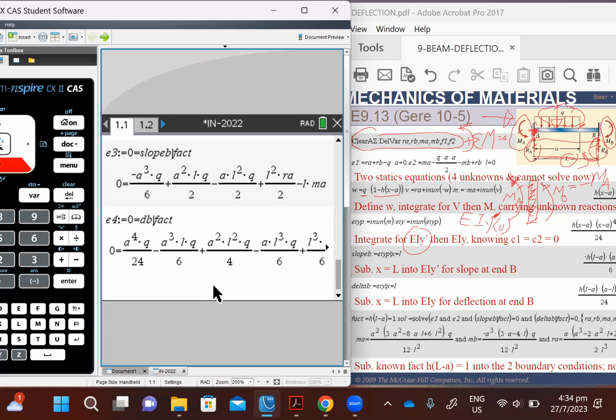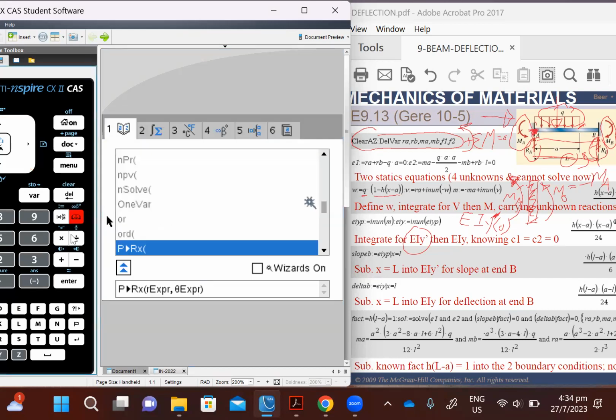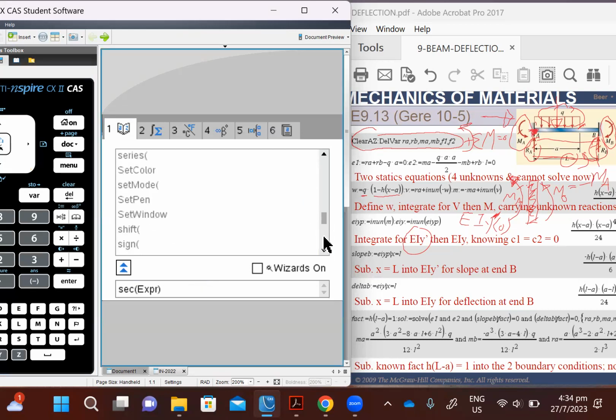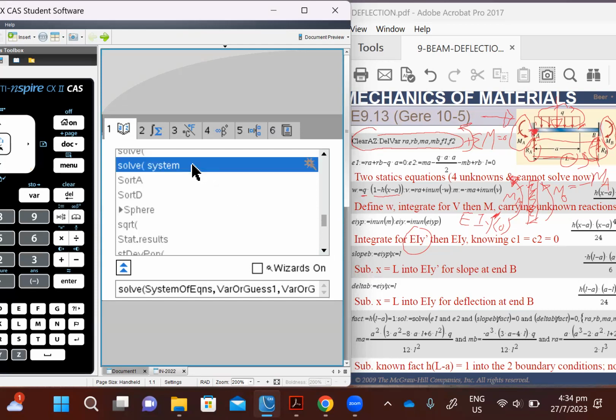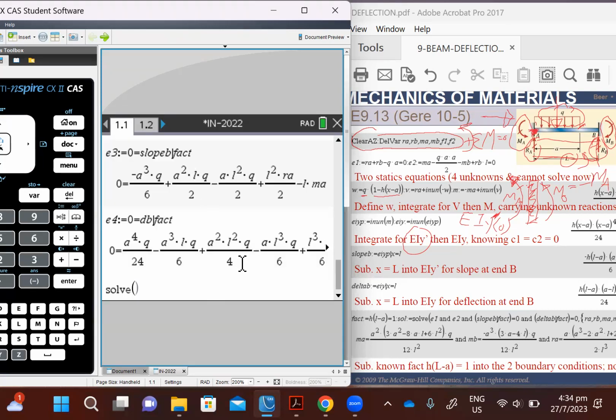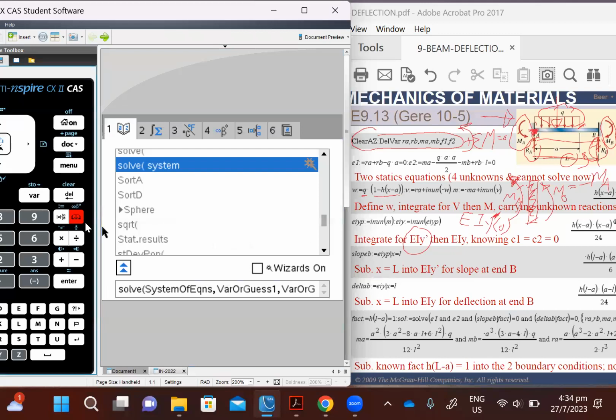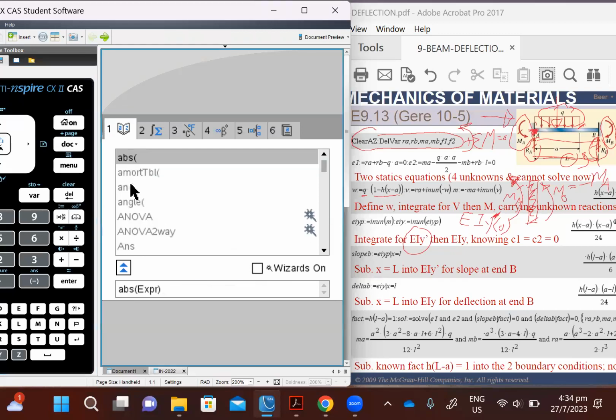Okay, so now let me solve. Here you have the solve command, or you can just type it in if you're using the computer version. Solve equation 1 and equation 2. The AND word can also be found here under the book key.